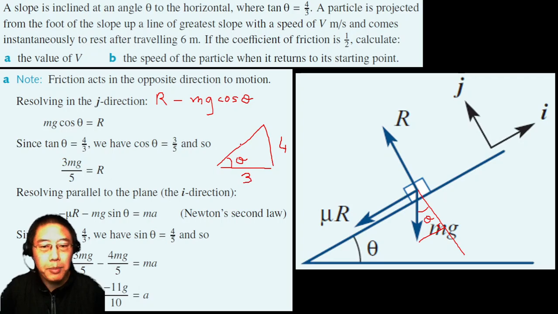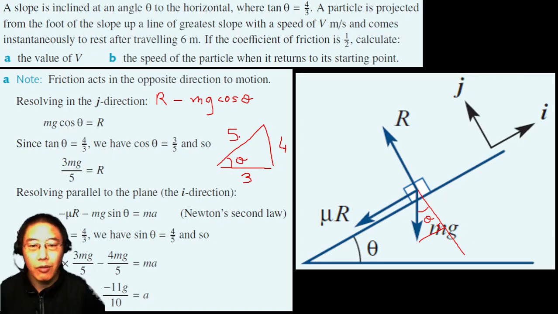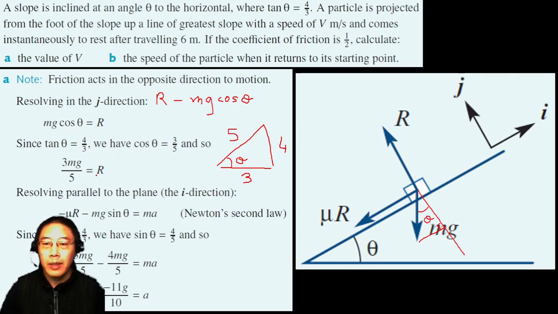Using Pythagoras, we evaluate the hypotenuse, which is a whole number. Okay, and by using our SOHCAHTOA or trigonometric ratio, cos of theta is 3/5, and if we need sine of theta, it's going to be 4/5. Okay, so the reaction is here.